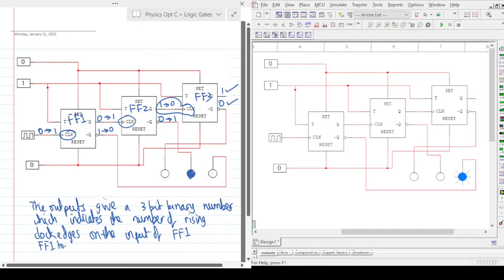FF1 toggles its outputs, of course, with each rising edge of the clock.